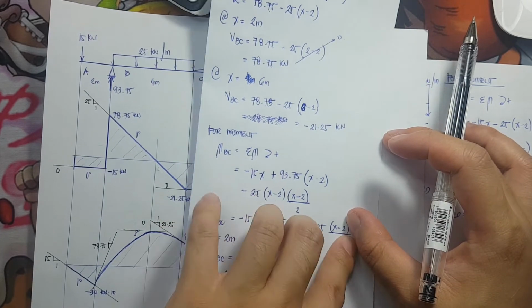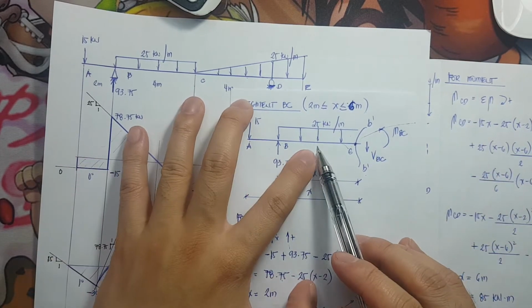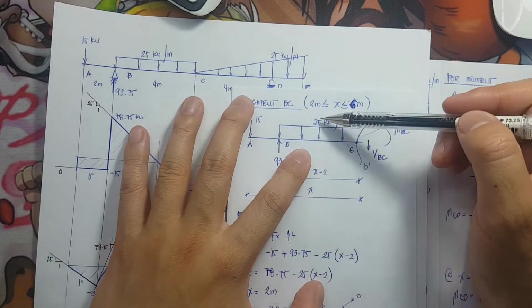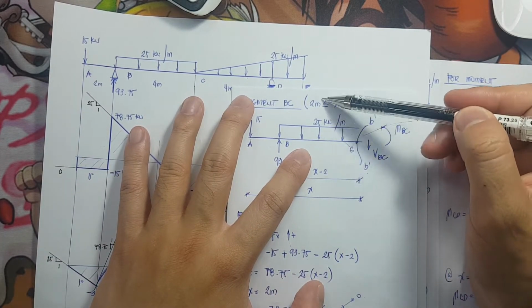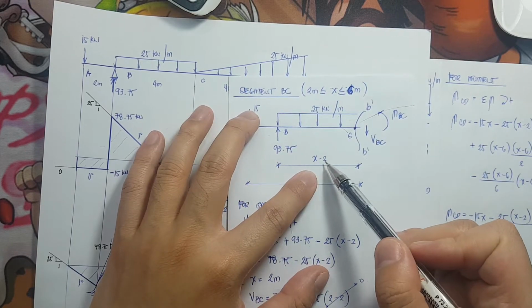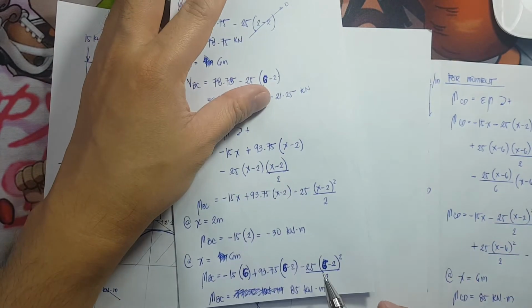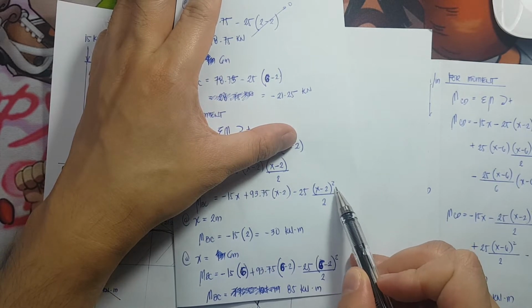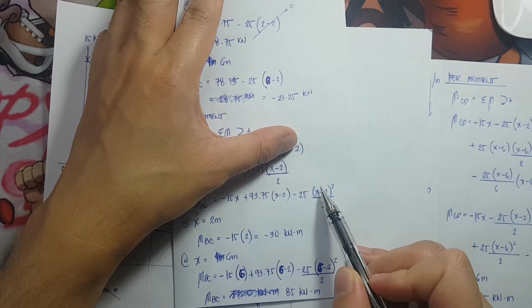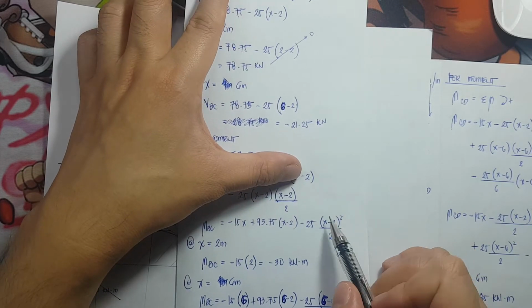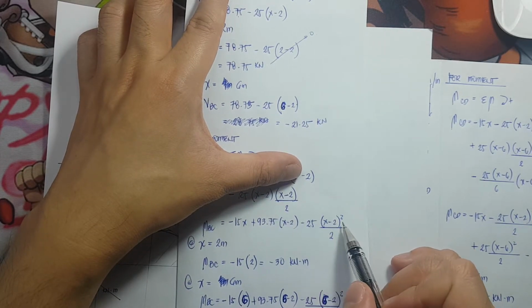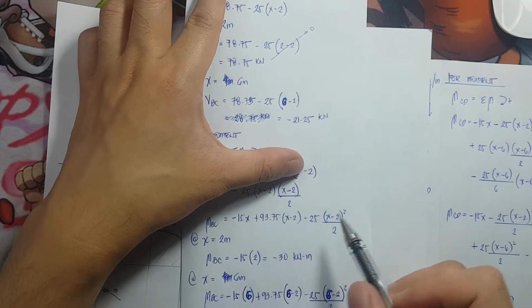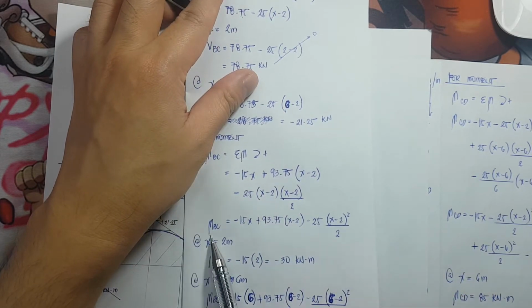Now, for the lever arm, we know that the resultant is acting at the center. Therefore, it is (x minus 2) over 2. So, (x minus 2) times (x minus 2) over 2 is (x minus 2) quantity squared divided by 2. So, here now are the span and the lever arm. So this is now my equation for moment BC.